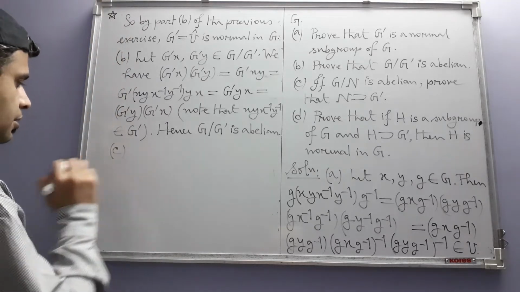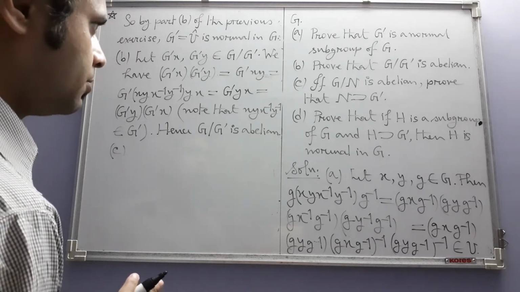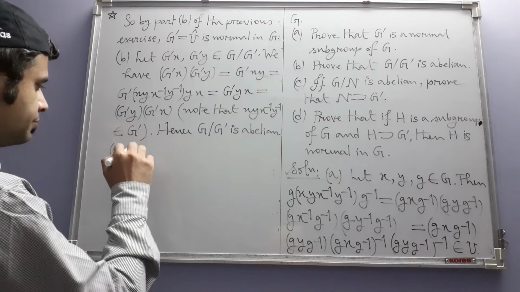Next part C. If G by N is abelian, prove that N contains G prime. Okay.